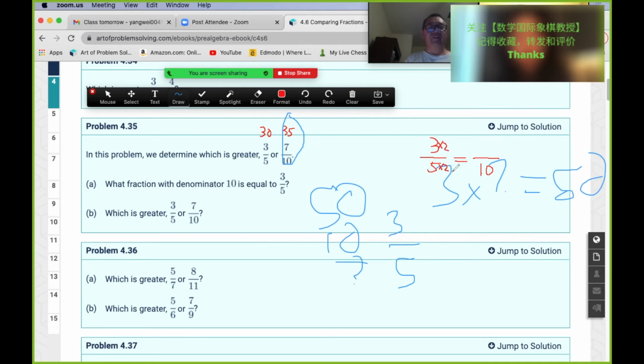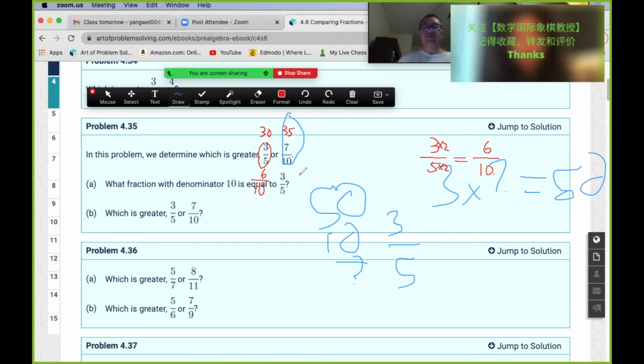So 5 times 2 equals 10, right? 3 times 2 equals what? 6. Yes. So that means 6 over 10 equals 3 over 5. Right? So that means this fraction, we can convert this one to 6 over 10.